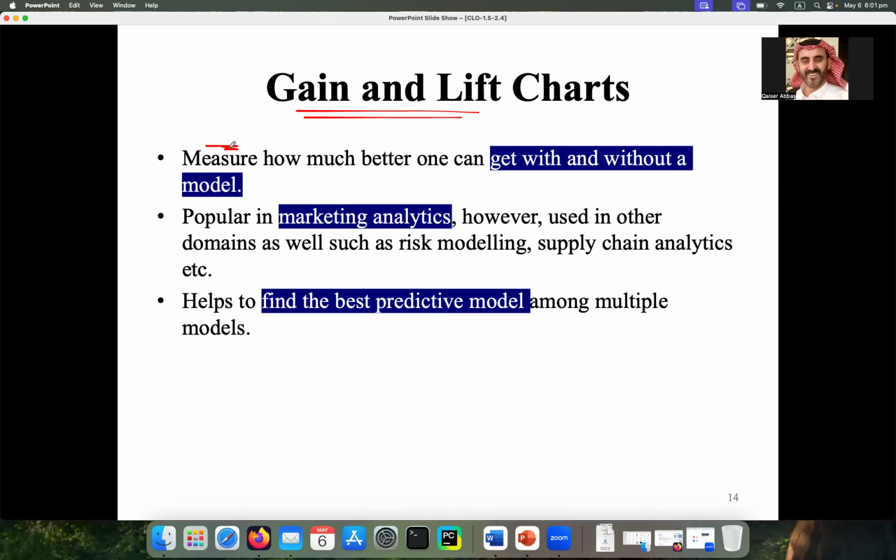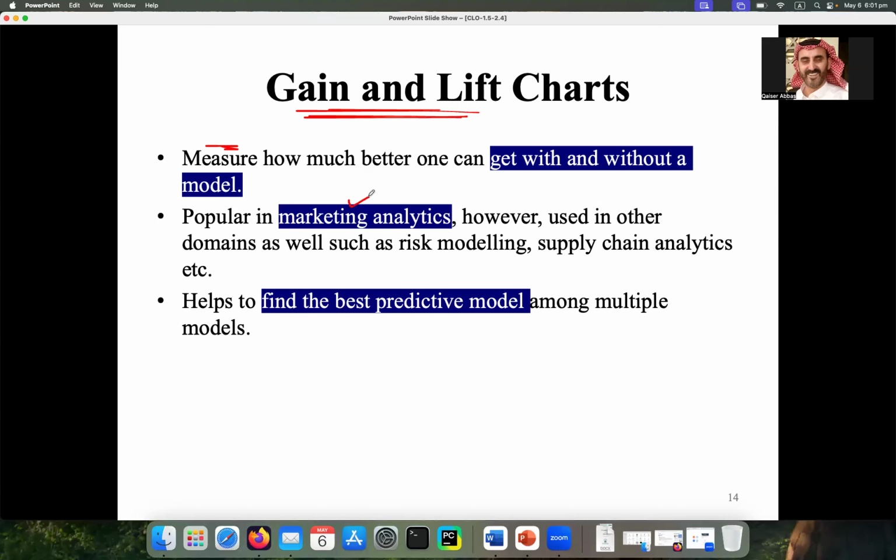If I want to see the answer to this question, I can use gain and lift to find out whether the model would be good for me or not. So this is the purpose. Now you understand the purpose of gain and lift. These are popular measures or techniques which are very useful in market analysis.